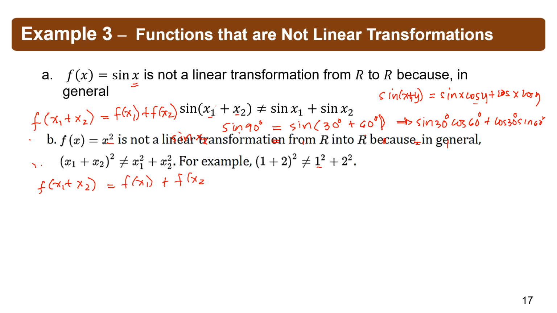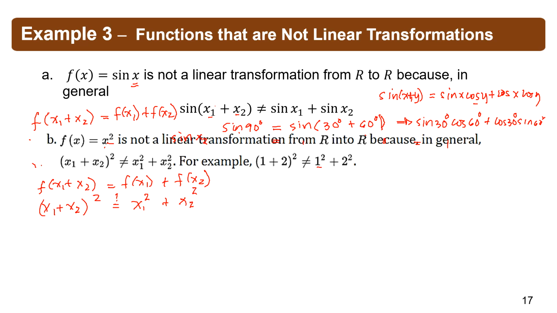Does it follow that rule here? If we change x to x sub 1 plus x sub 2, it should be x sub 1 plus x sub 2 squared. Is it the same as x sub 1 squared plus x sub 2 squared?